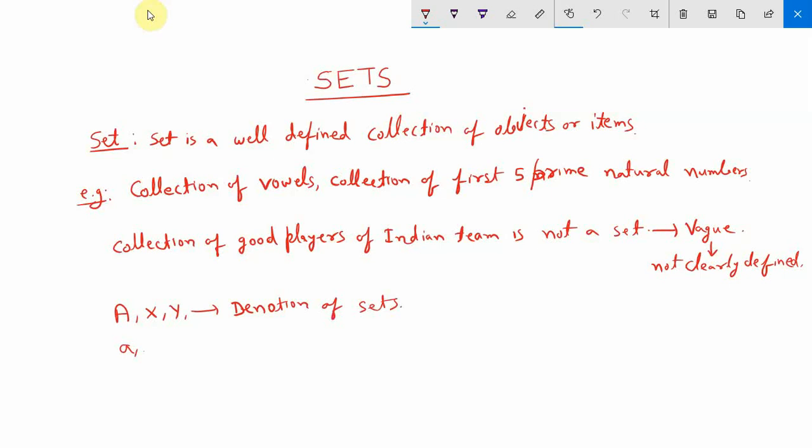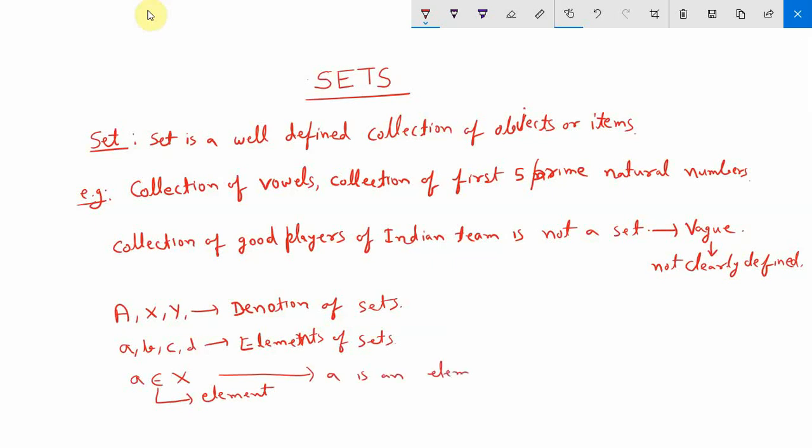Elements are identified in small letters a, b, c, d. These are elements of sets. So if I say that a small a is an element of X, this is the symbol of element. This we can read as a is an element of set X.